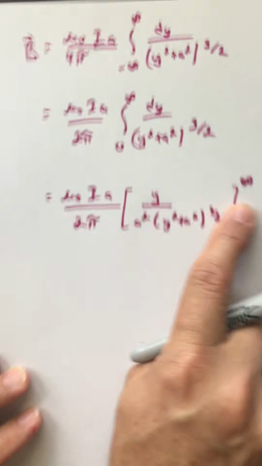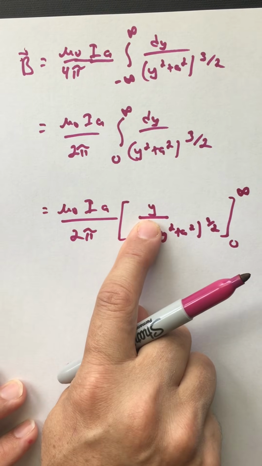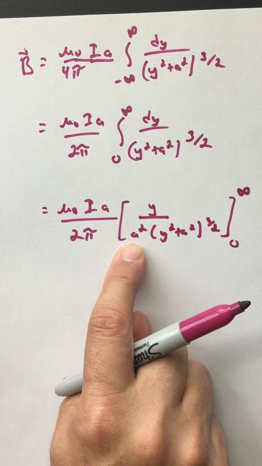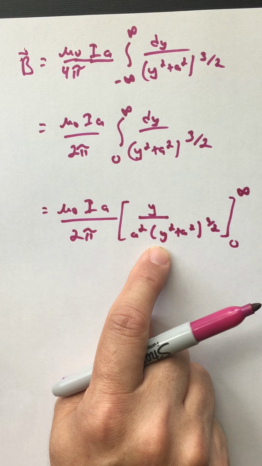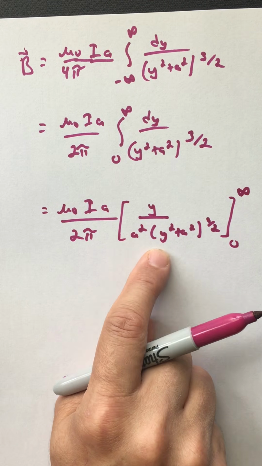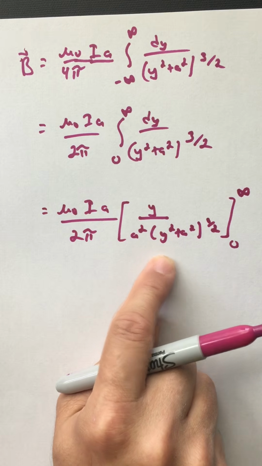What happens when I plug in really large numbers here? The idea that you should be thinking of is that a is a constant, never changes. So as y gets bigger and bigger, y starts to dominate, and a squared doesn't contribute a whole lot. Y squared plus a squared, if y is getting really large, basically becomes y squared.